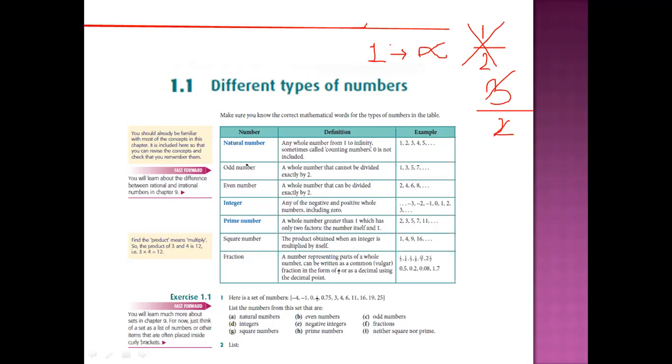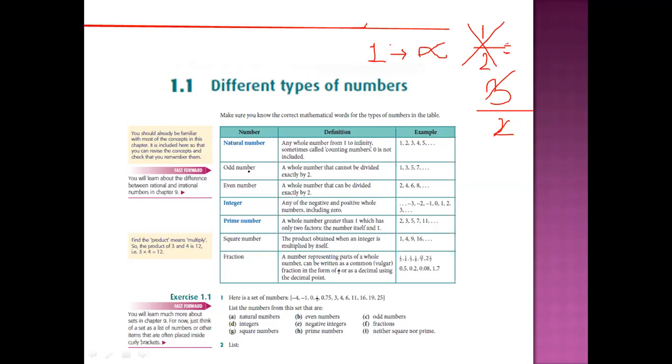For example, 1 over 2 gives 0.5, which is not a natural number or an integer. That's why the odd numbers must be 1, 3, 5, 7, then 9, 11, 13, and 15, and so on.